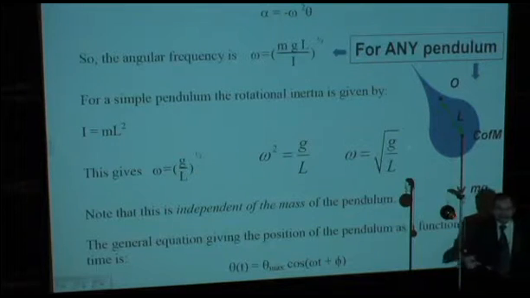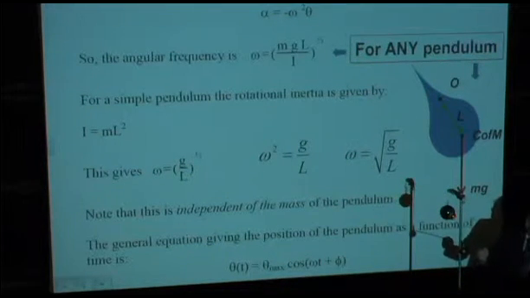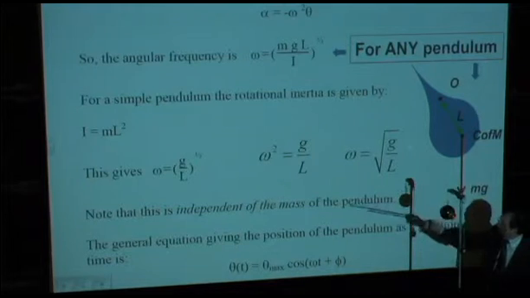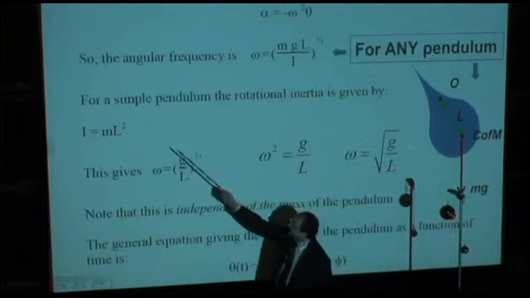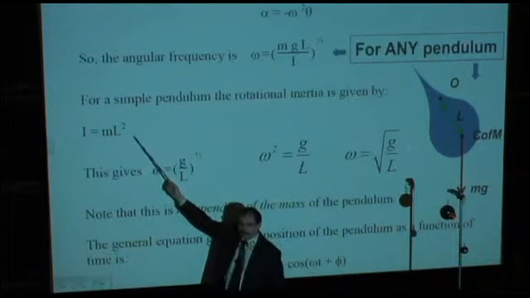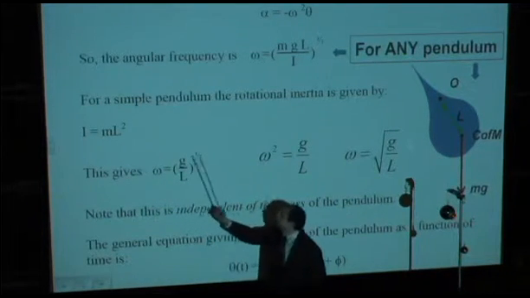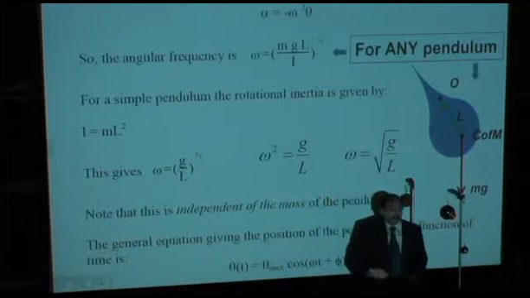However, for the simple pendulum like this, the equation becomes very simple. You see, the moment of inertia is equal to mass times length squared, mass cancels, and that's how we get that result.